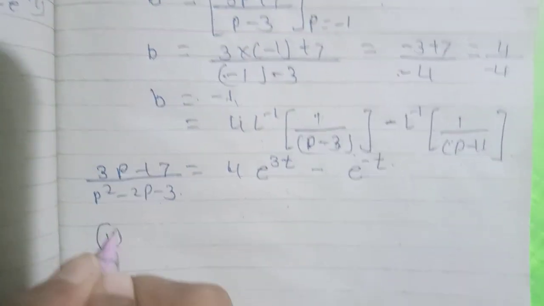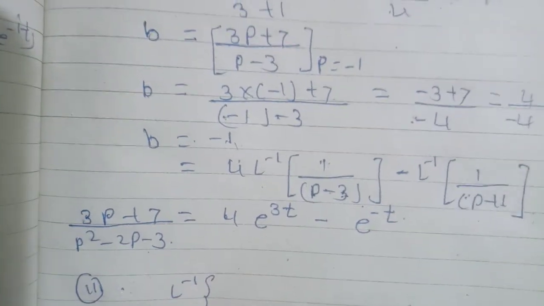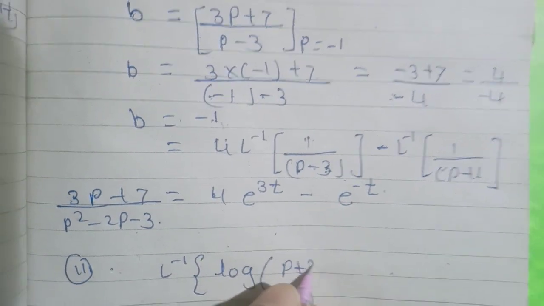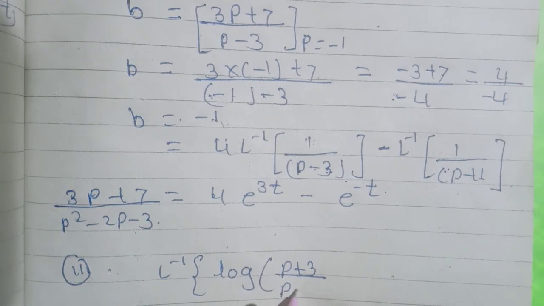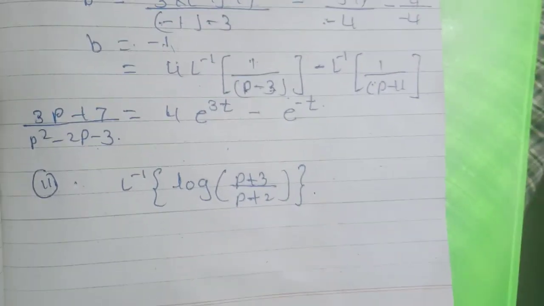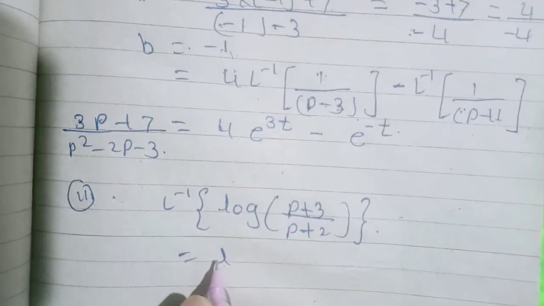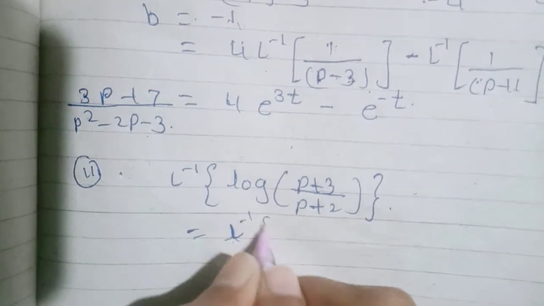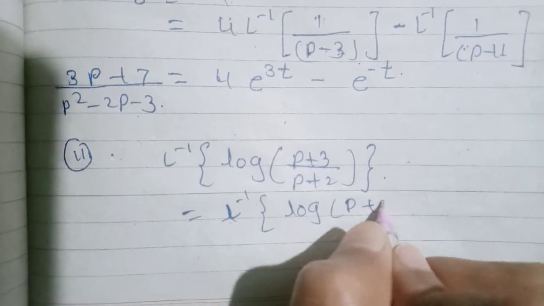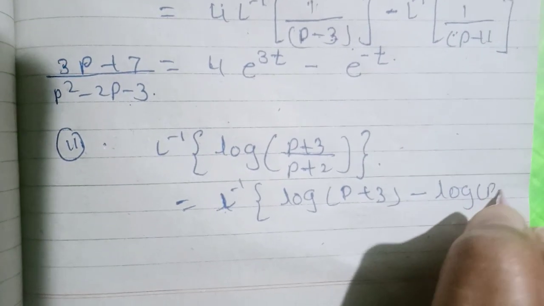So then next problem is second problem, that is Laplace inverse of log of p plus 3 divided by p plus 2। so we can find this, but we know Laplace inverse of log of p plus 3 minus log of p plus 2.